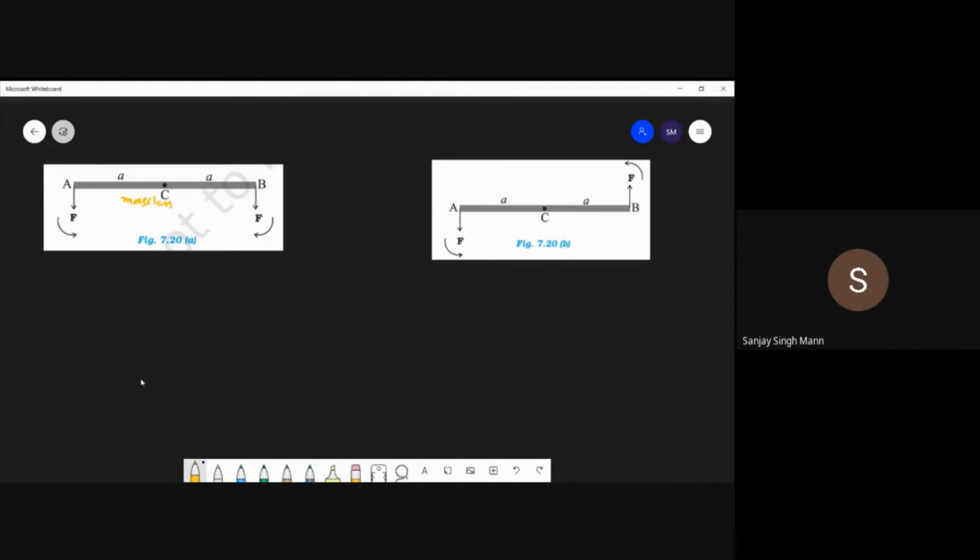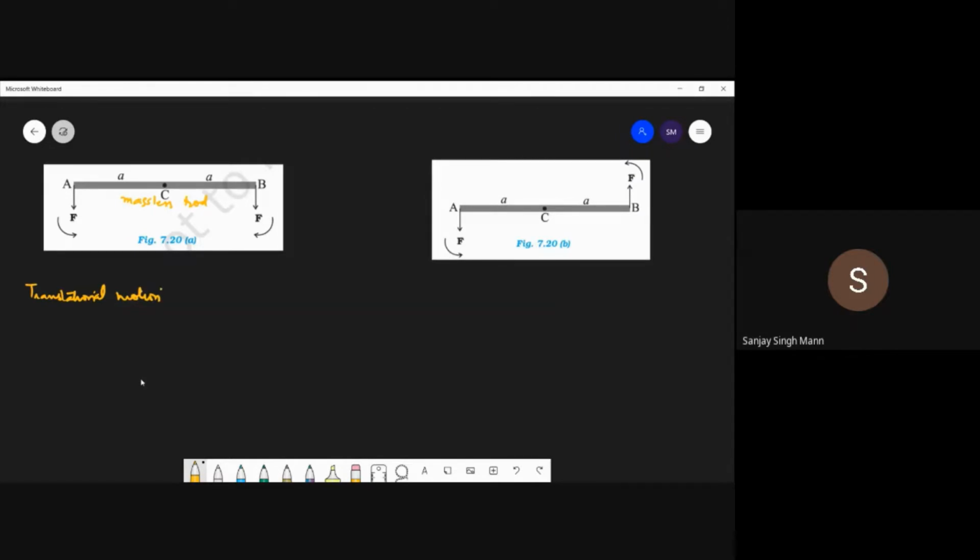We take this, and how many forces are applied on this rod? Two, at point A and at point B. Do we have translational motion? Only two kinds of motion we are going to study.